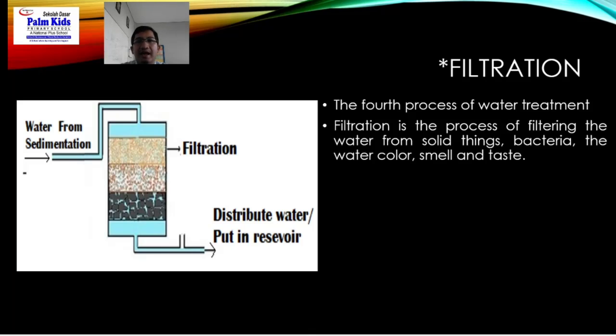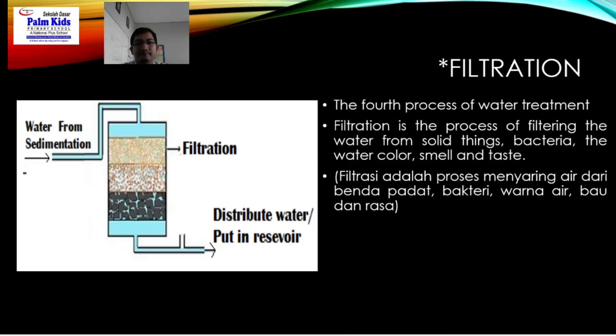If it's filtered with sand, maybe all the dirt will be gone. If it's filtered with stones, maybe the smell and the taste will be changed, and this will make the water cleaner. And most of the time, once those four processes are done, the water is clean enough to be used by people.